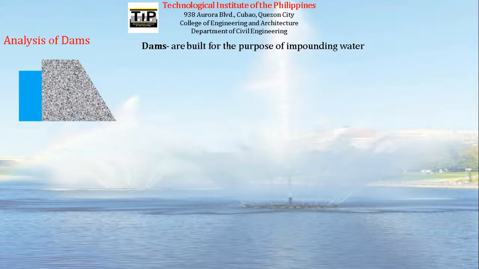And we have here an example of a dam. So this is the cross-sectional look of a dam. Okay. So this is the side view. No? This is the dam. This is a gravity dam. Gravity dam made out of concrete.